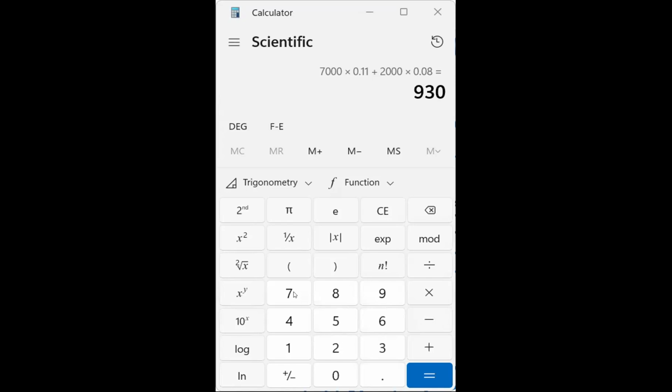But let's see. This is 7,100 at 11% plus 1,900 at 8%. So that's 933. We're actually very close.